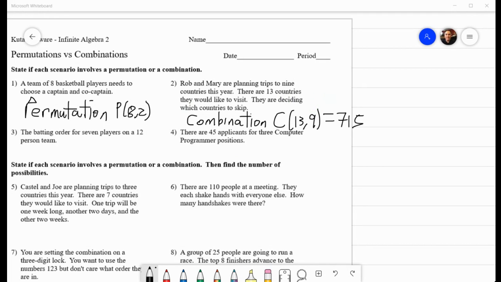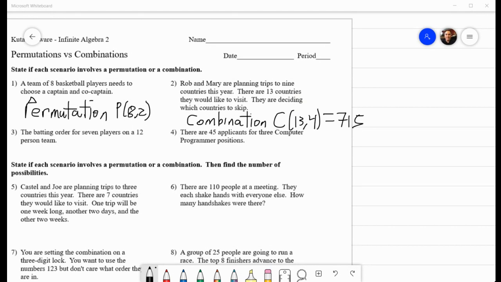Yep, I'm right. So it's 13 choose 9, although actually they're choosing what countries to skip, so it's C of 13, 4. Sorry, not 9, 4. It turns out to be the same answer anyway, because there's 13 countries and they want to go to 9, but they're skipping 4.